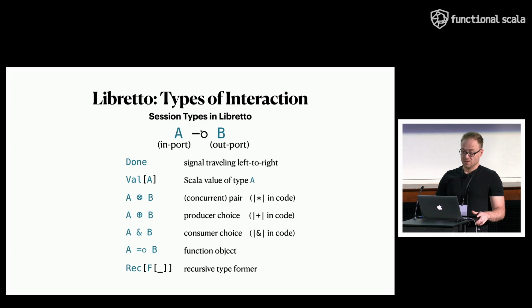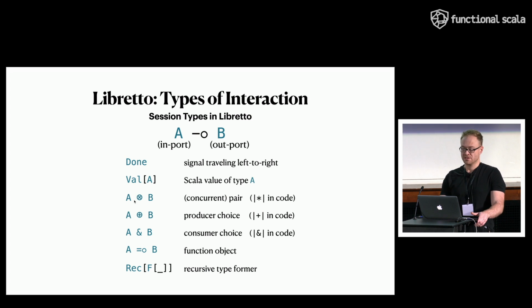So our program interacts through its inport and outport, which could be of the following types. Done is a simple signal traveling left to right. Val is a Scala value, also traveling left to right. In other formalizations of session types, you would mostly have two distinct types for sending a value and receiving a value. In Libretto, a val on the output means sending, a val on the inport means receiving.